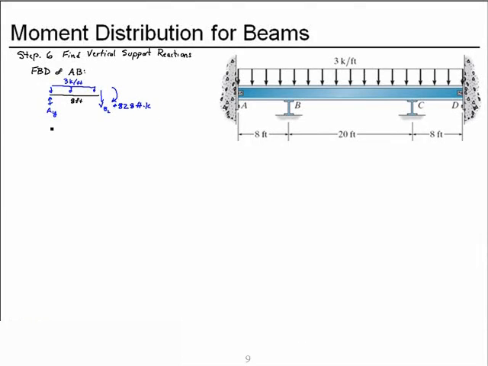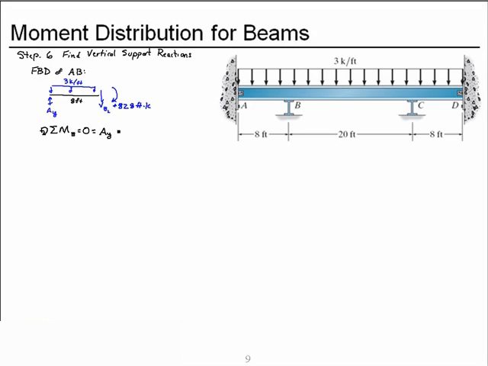Now we sum moments, and let's sum them about point B. I can choose either direction to be positive for my summation. I'll pick clockwise since that's the direction we draw our moments.